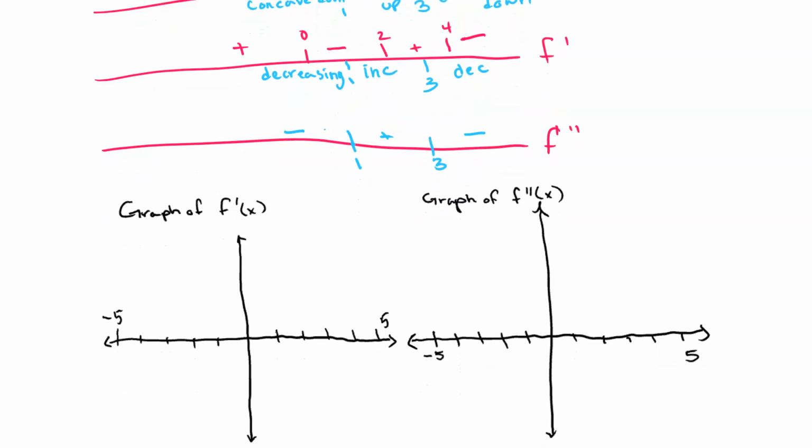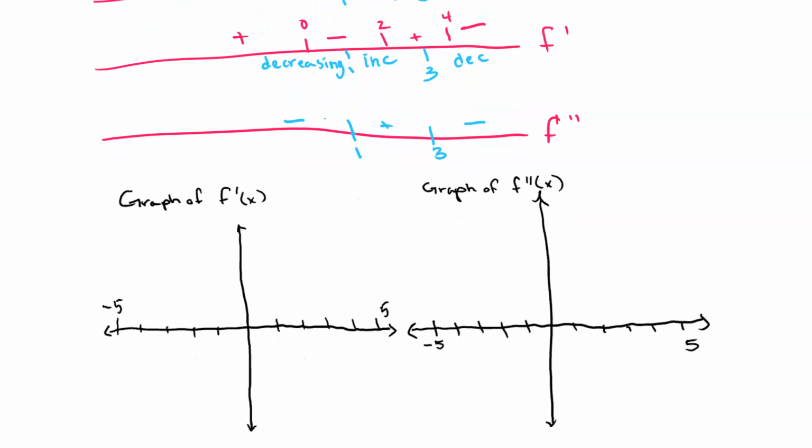We're ready to make those graphs now. So we need to make sure that we've got our characteristics on here. Where f prime equals 0, we are going to have x-intercepts. And where f double prime equals 0, we're going to have critical points. So this is on our f prime graph.